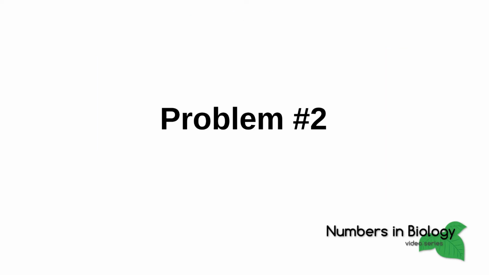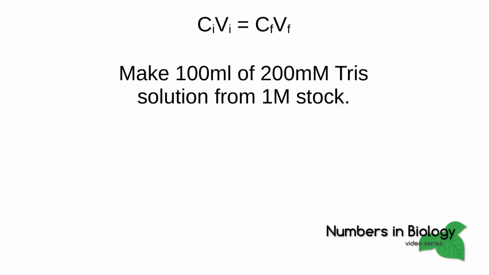The second common problem, let's call it plug and play. And here the most common problem is that students will just take the numbers that they see in the problem and simply plug them into the formula without looking too closely at what is actually in there. Let's take a look at this problem here.